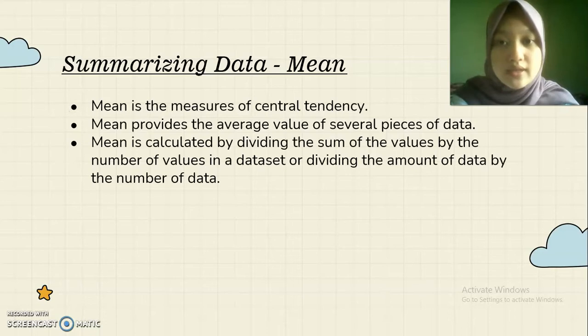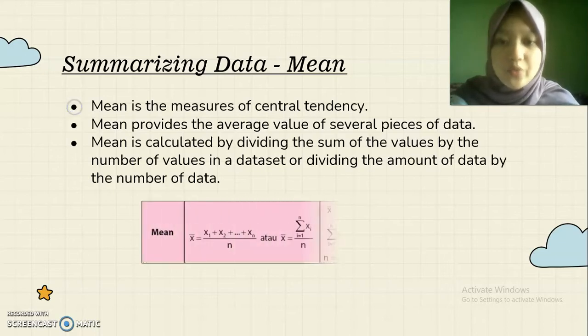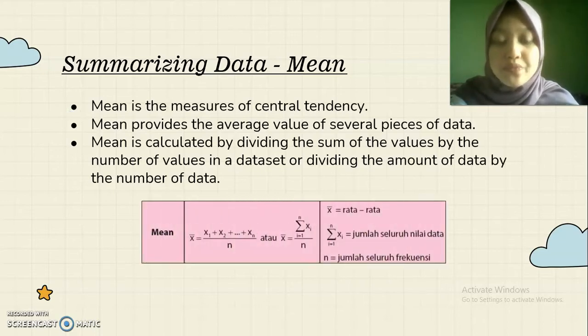Mean is calculated by dividing the sum of the values by the number of values in a data set, or dividing the amount of data by the number of data. Here is the formula of the mean. So we can see that here's x, it's the average, and for the sigma xi, this is the amount of data we divided to the number of data.